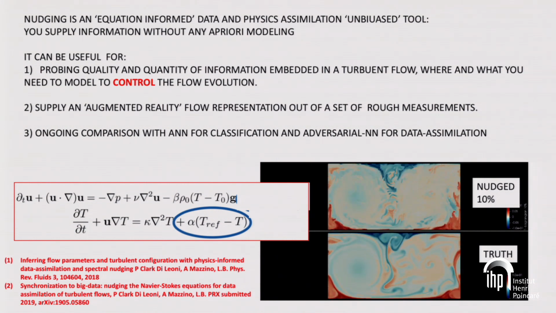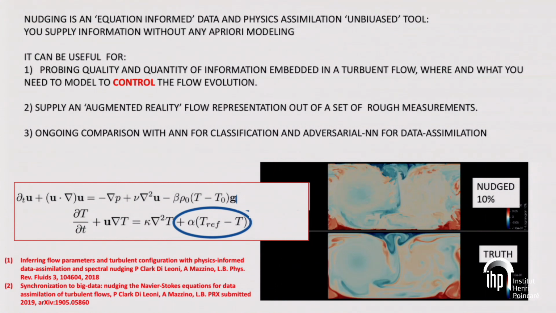But if you measure temperature only in the center and you nudge, then you use the equation of motion. Inside, you also build the right velocity correlation, and then you can guess the right Rayleigh number, because the correlation between velocity and temperature depends on the Rayleigh number.